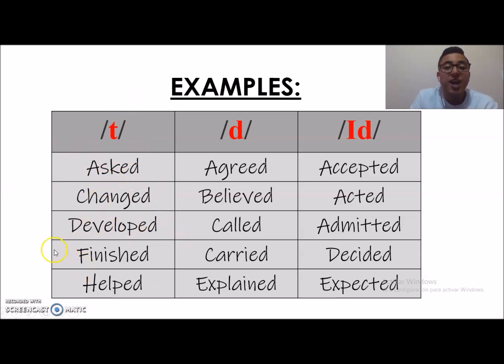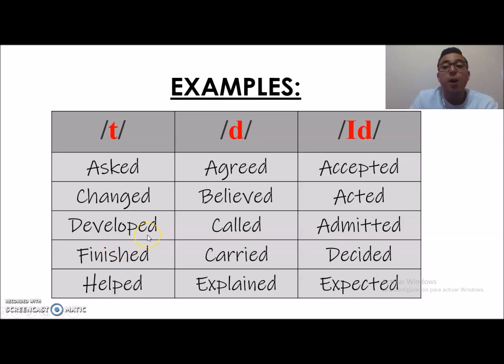Then we have changed, developed, finished, and helped. Here I'm going to clarify that change ends in the sh sound. That's why we pronounce it as changed, and at the end we add the t.